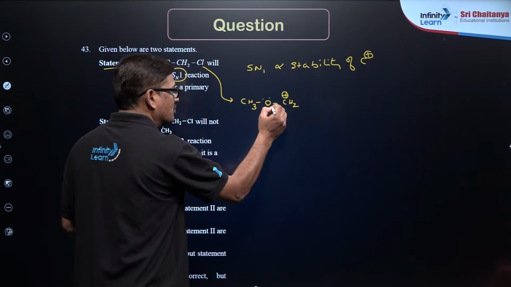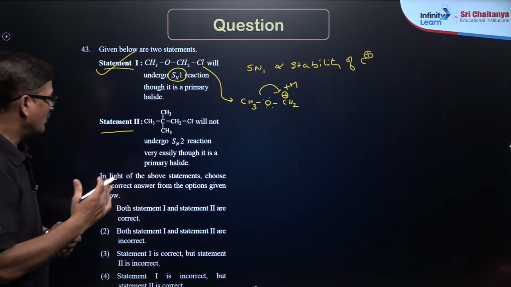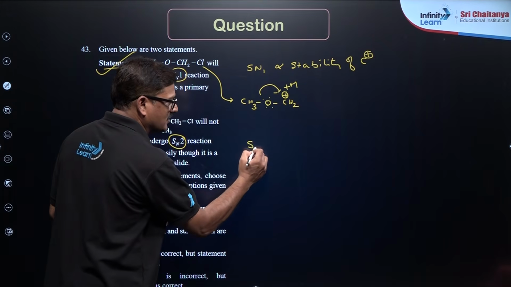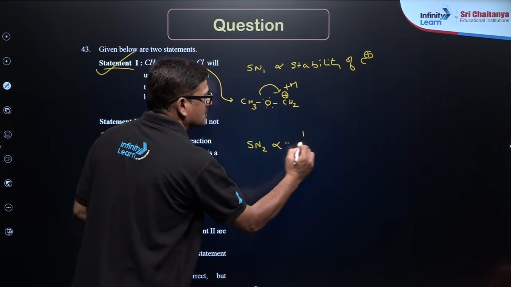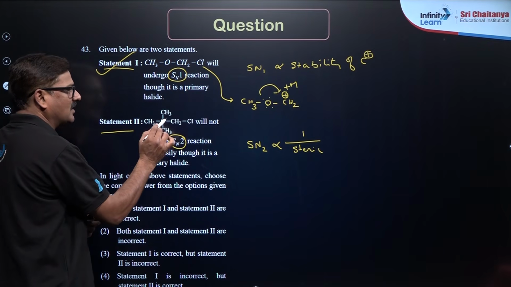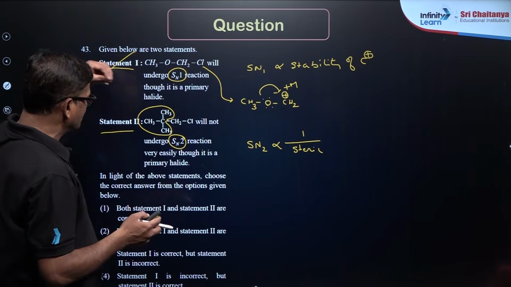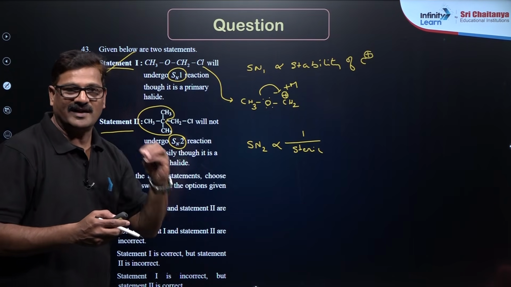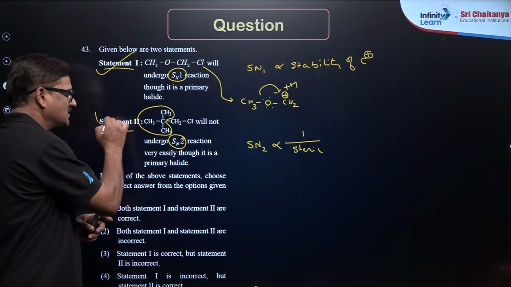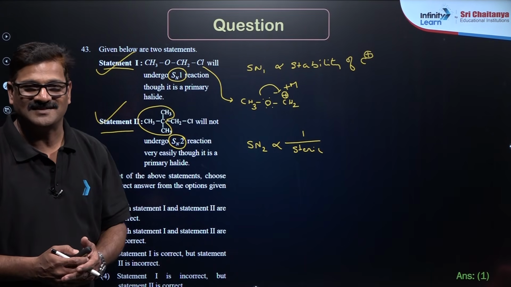This is stable due to the positive mesomeric effect. Therefore, this statement is correct. While this will not undergo SN2 reaction, the rate of SN2 reaction is inversely proportional to steric factors. Although this is a primary alkyl halide, you have a huge bulky group, so penetration of the nucleophile by rear-side attack is not possible. So this will not undergo SN2 reaction. This is also a correct statement. For this question, option 1 is the correct answer.